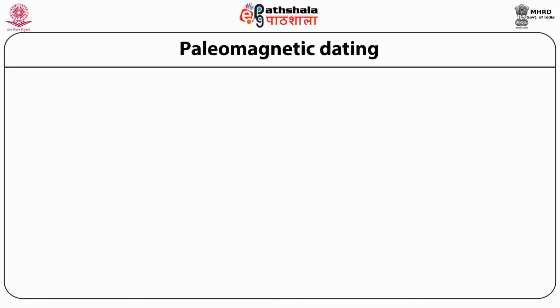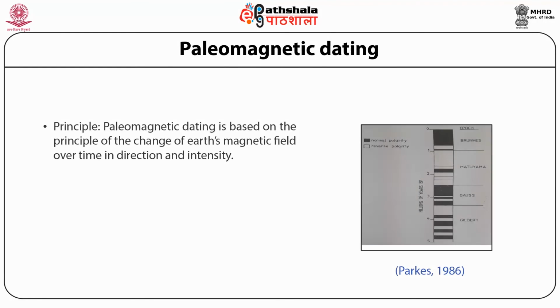Paleomagnetic dating. Paleomagnetic dating is based on the principle of the change of the Earth's magnetic field over time in direction and intensity.